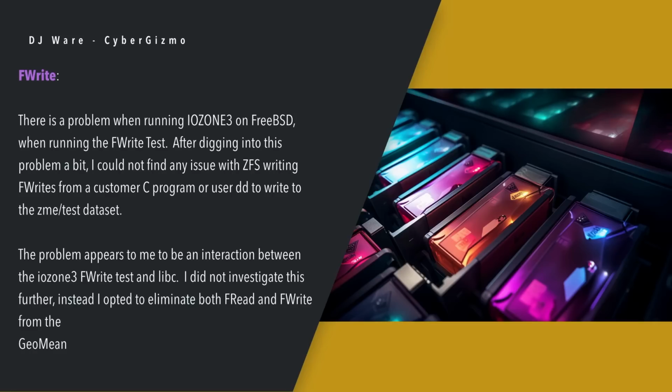So I didn't investigate it further. I opted instead to just eliminate this test altogether from the geomean. So we'll look at the data, but I'm not going to use it because there's obviously something wrong with IOZone and libc. The problem does not occur under glibc on Linux.